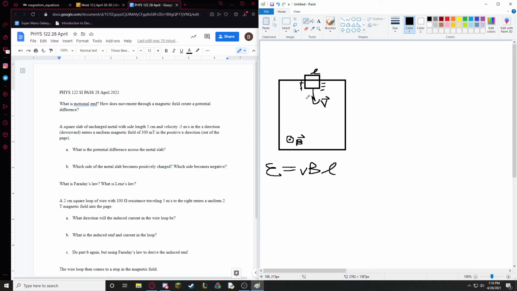But yeah, essentially we use our EMF equation, epsilon is equal to VBL, to find the magnitude, and then we go back and use the right-hand rule to find which direction is the positive side and which is the negative side. Does anyone have any questions about this?